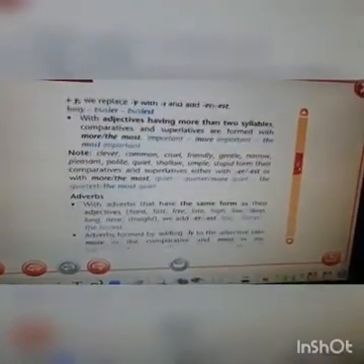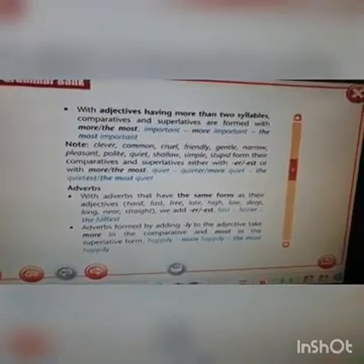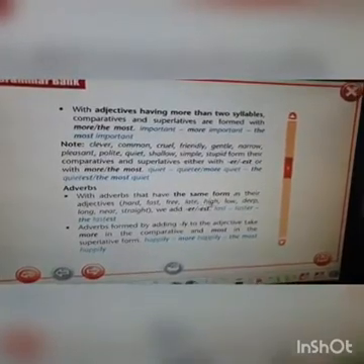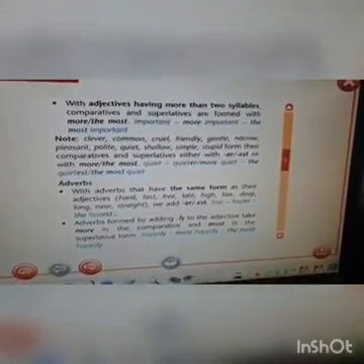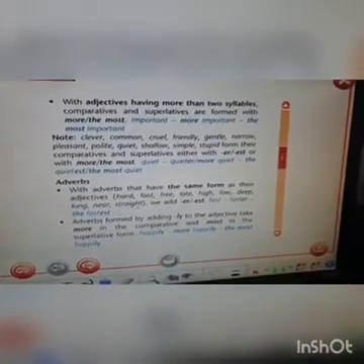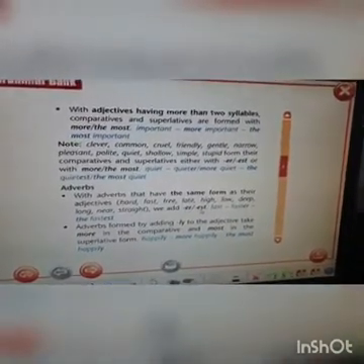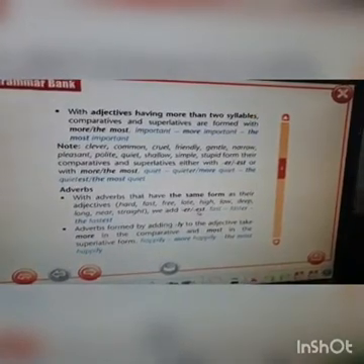We have adverbs. With adverbs that have the same form as their adjectives, hard, fast, free, late, high, low, deep, long, near, straight, we add er in comparative form and est in superlative form.